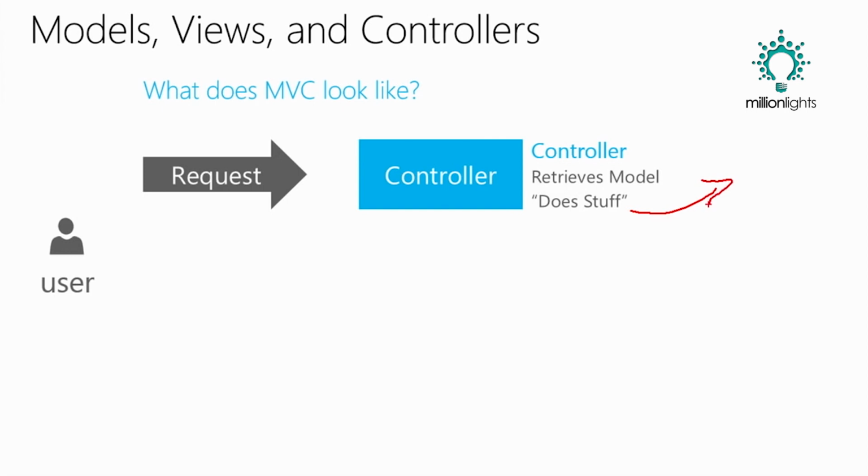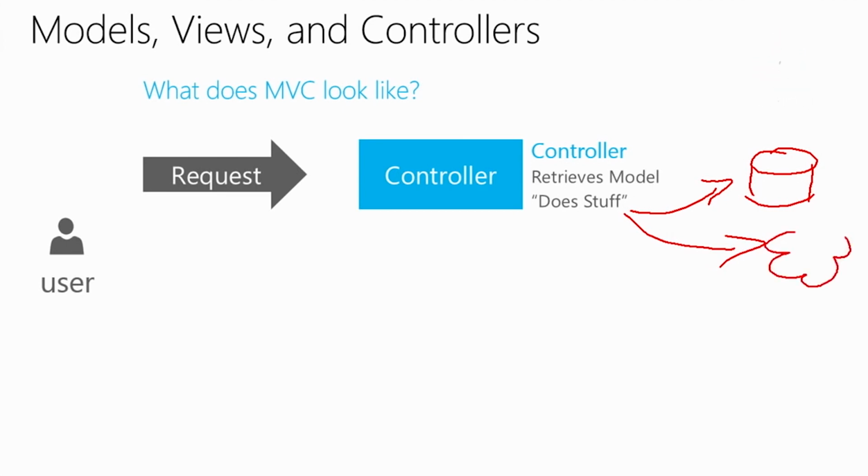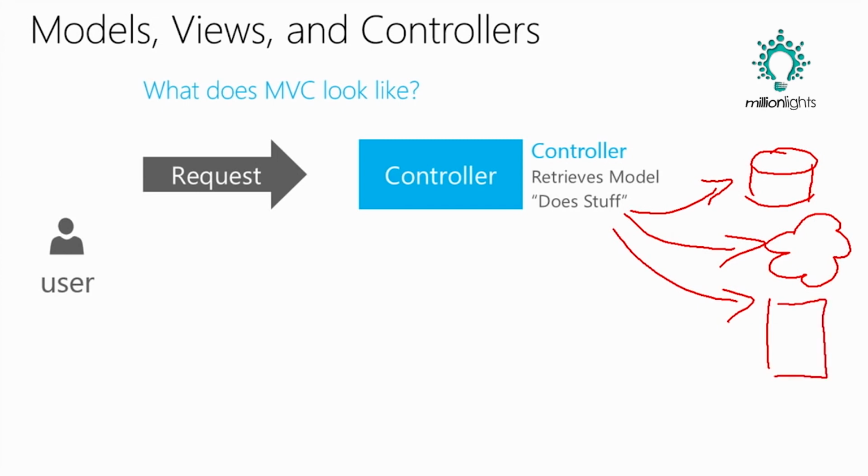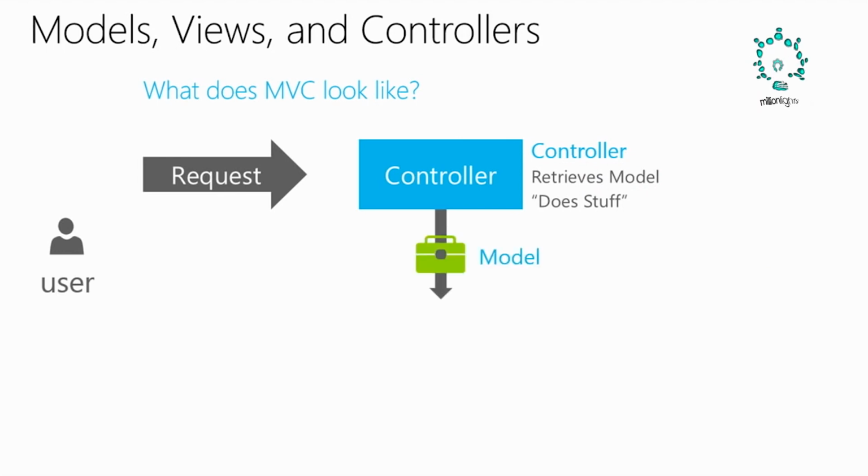It could be going off to a backend database and pulling data from there. It could be going off to a cloud service and pulling data from there. It could be going off to a file and pulling data from there. And I really don't care where that data is as long as we go get the data. And that data is the model.